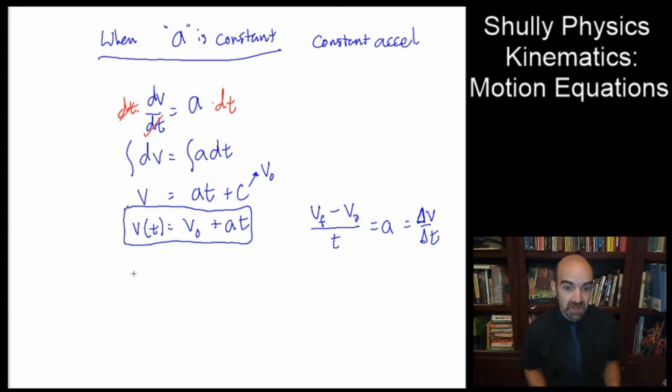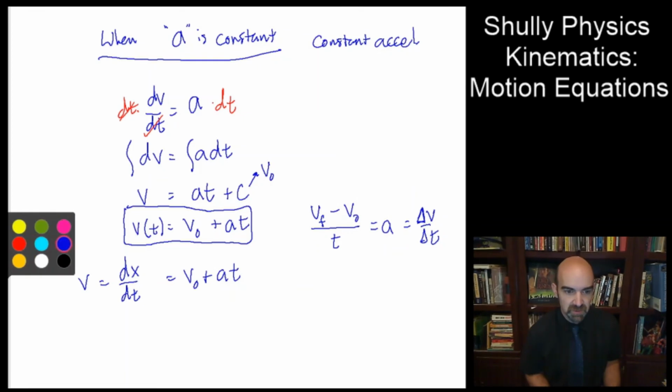Well, what can we do now? We also know that dx dt is equal to v, and v is equal to v naught plus at. So let's move on from there.